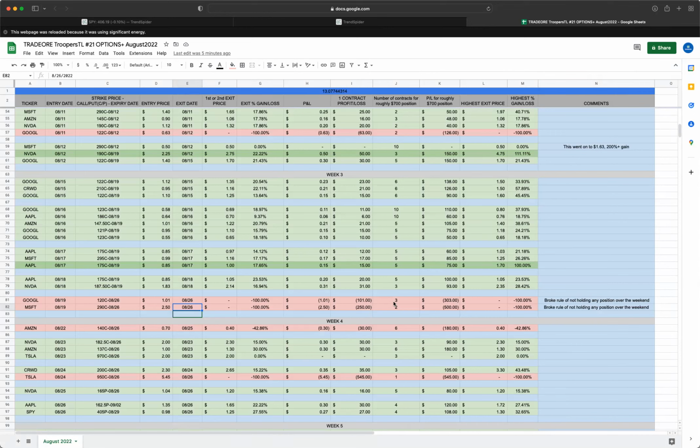Now I know, now it's on my trade log, now it goes on my rule list on top of my screen where I post pretty much everything and say, okay, this is what I need to do. So now I won't be repeating that mistake again, especially in this market. If the market turns, then we can revisit it later, but in this market I'm not going to do it ever again. But I made this mistake and I paid for it.